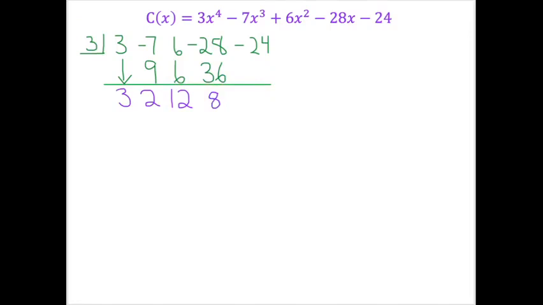Then we multiply diagonally again. We have 8 times 3 is 24. And then we add vertically. -24 plus 24 is 0. And we know that that's the remainder when we're performing synthetic division.